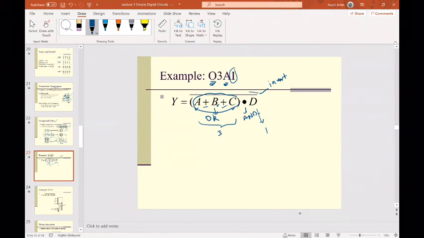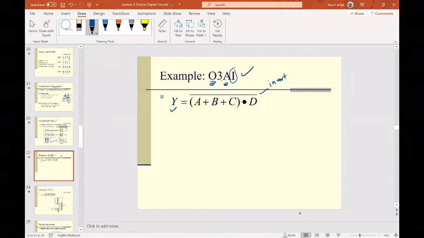I is the invert side, invert. So that's how they come up with O3AI. Okay, but now we are not going to concentrate on that, but we want to draw the transistors of this Y output. So how to draw this? Where to start?